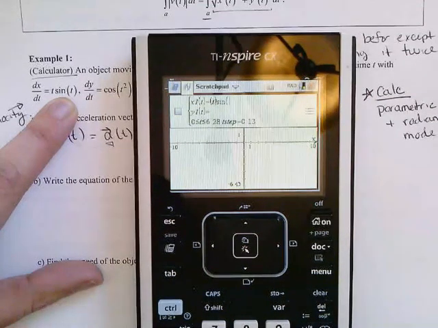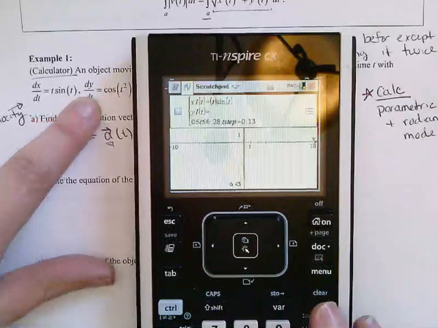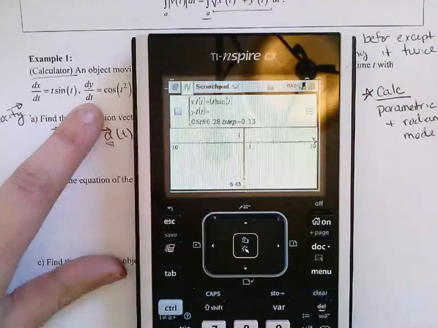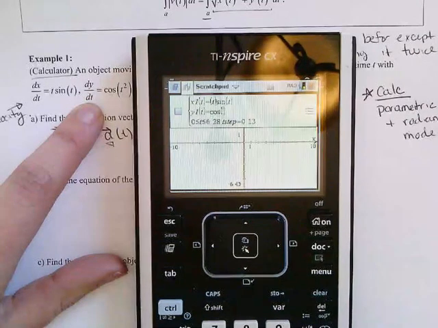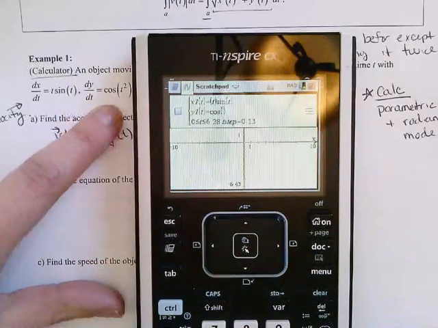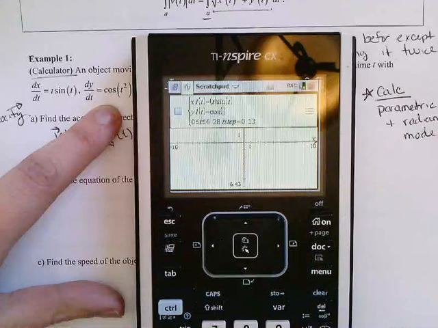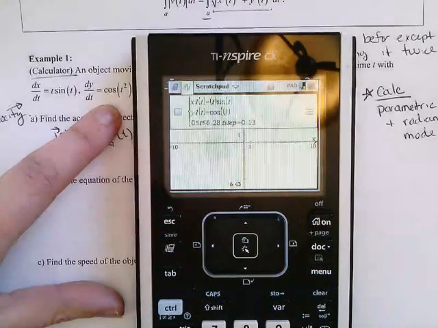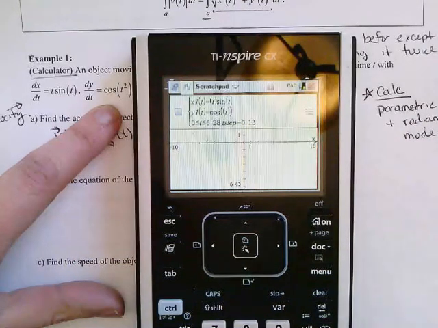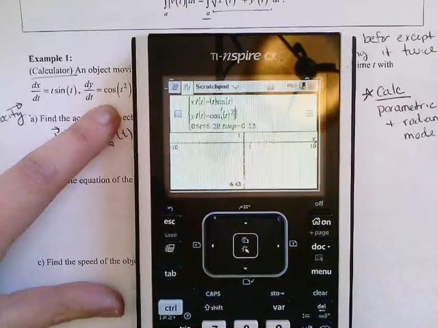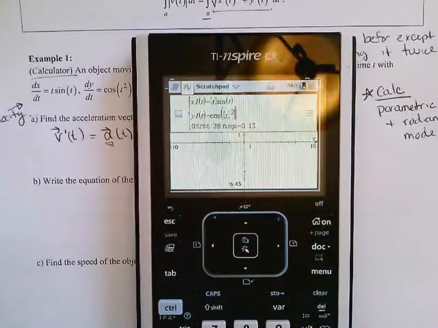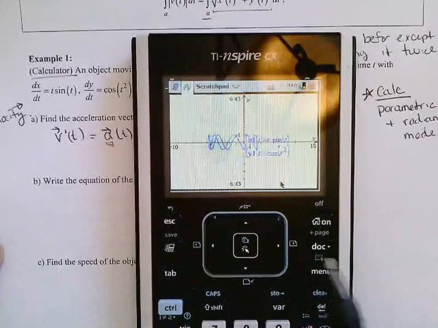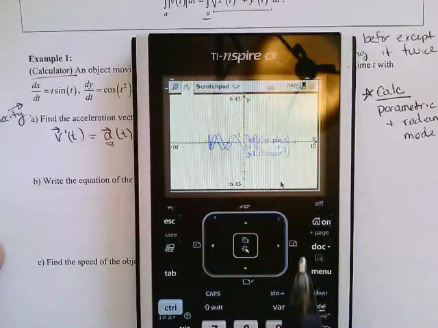Okay, so t sine of t, and then my y is going to be cosine of t squared. Now you could, staying true to keeping our variables in parentheses, I just did that, and you'll notice that when you graph it, it looks a little different, but it'll be accurate.